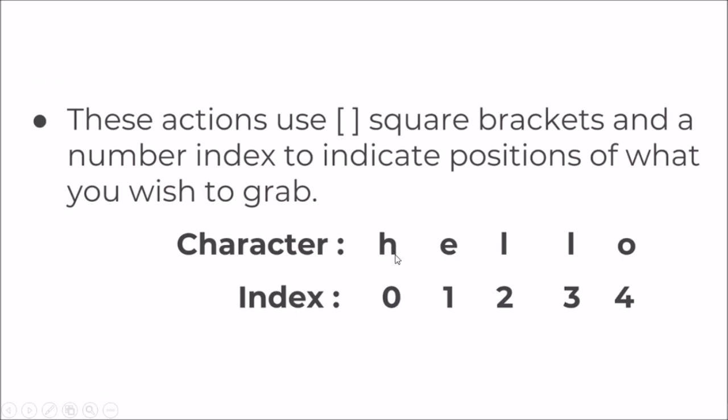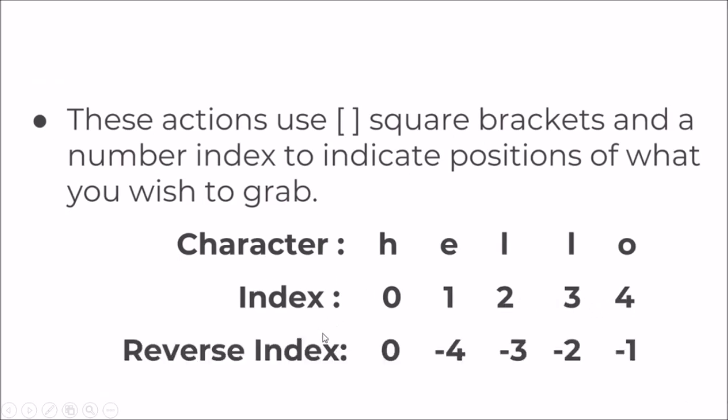So this is the first element, so I have index 0, second element is 1, third element is 2, fourth is 3, fifth is 4. So 0 means first element, 1 means second element, and so on. I can use reverse index also. Instead of going from the front, I can go from the back. If I write -1, it refers from the reverse: first element from the back, then second, third, fourth. Obviously 0 will be the first element.